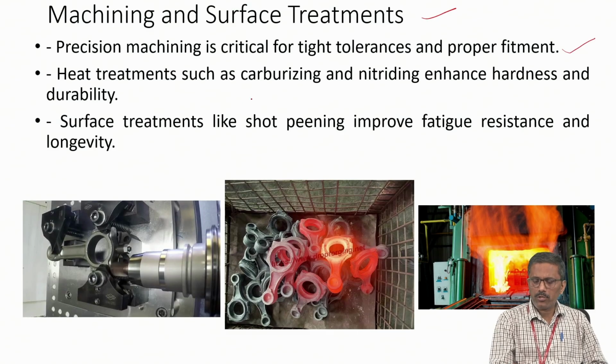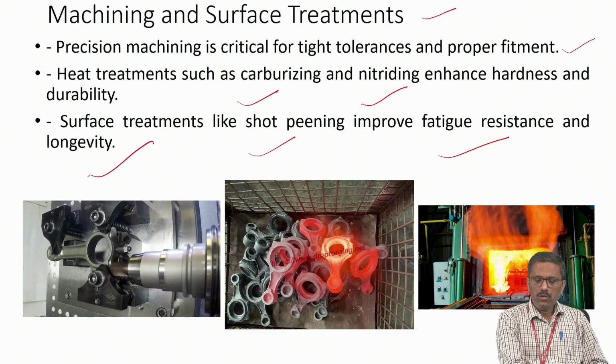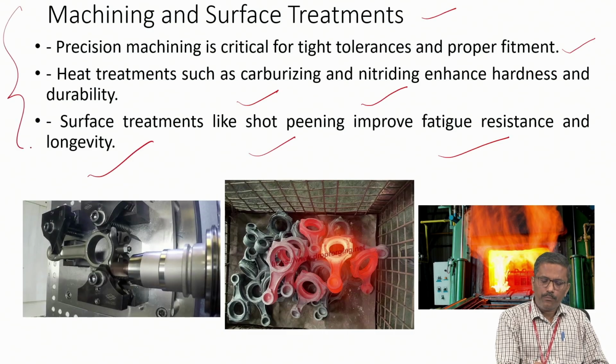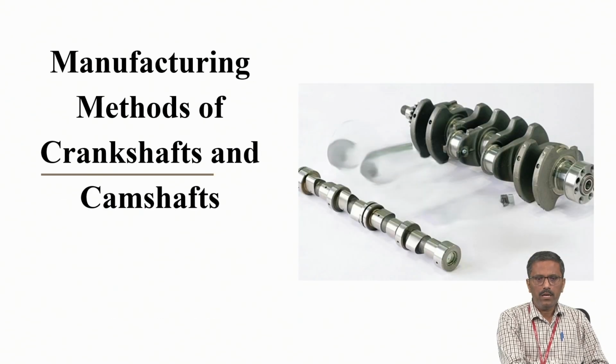Mostly we use heat treatment processes such as carburizing and nitriding. And after heat treatment we go for surface treatment like shot peening to improve the fatigue resistance and lifespan of the connecting rod. So this is for improving the surface characteristics and dimensional characteristics of the connecting rod.